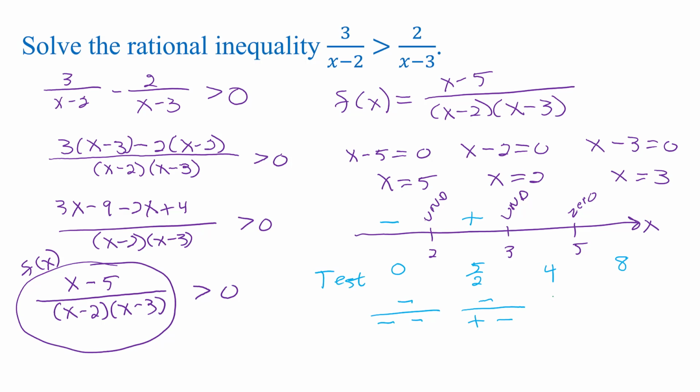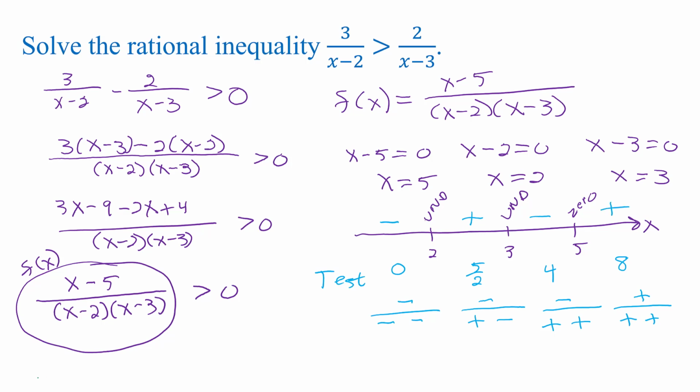Plugging in 4, 4 minus 5 negative, 4 minus 2 positive, 4 minus 3 positive. We get negative y values between x equals 3 and 5, and then we'll plug in 8. 8 minus 5 positive, 8 minus 2 positive, 8 minus 3 positive to give us positive y values to the right of x equals 5.